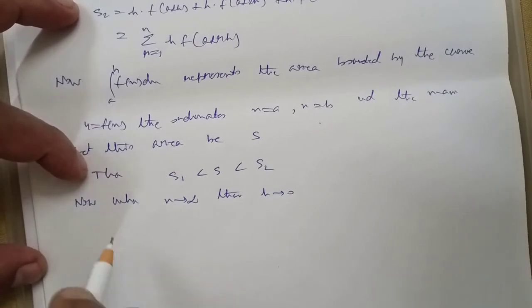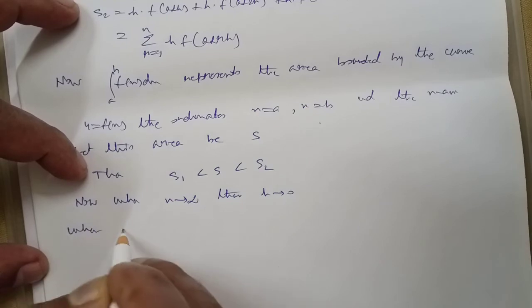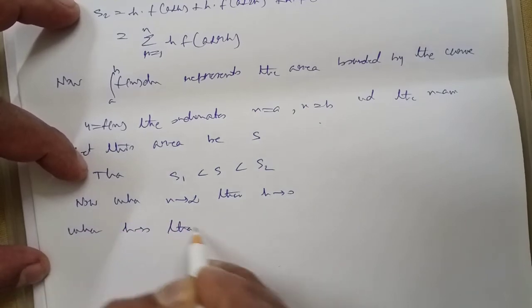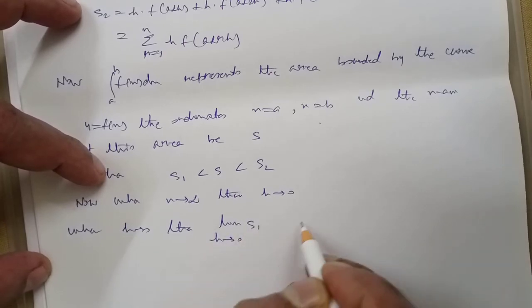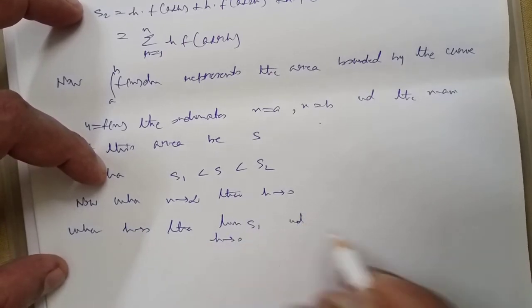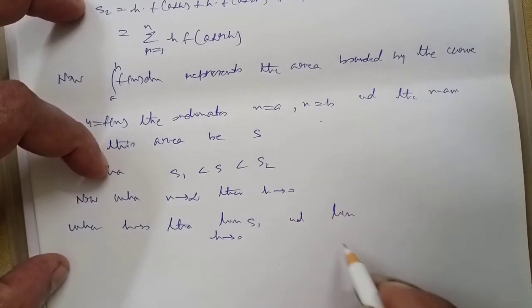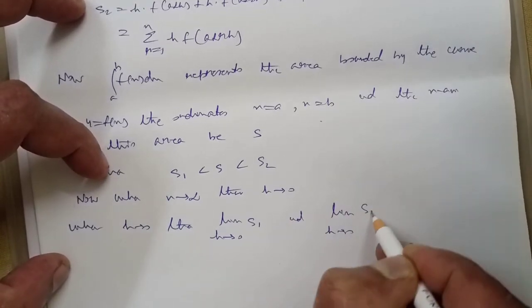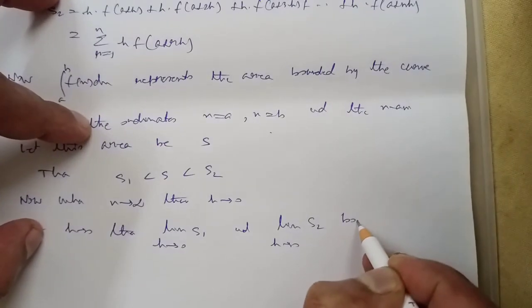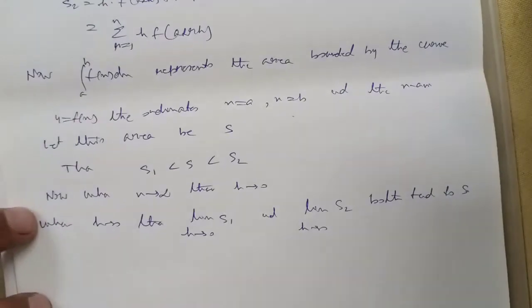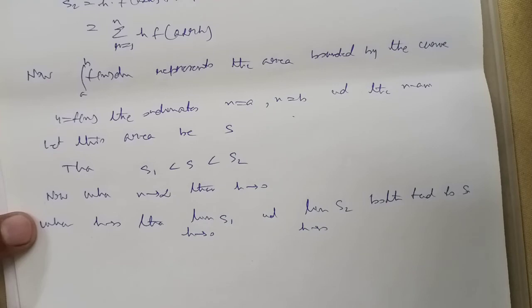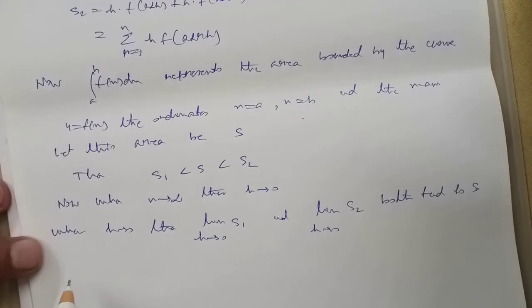When h tends to 0, then limit h tends to 0 of S1 and limit h tends to 0 of S2 both tend to S by the sandwich theorem.